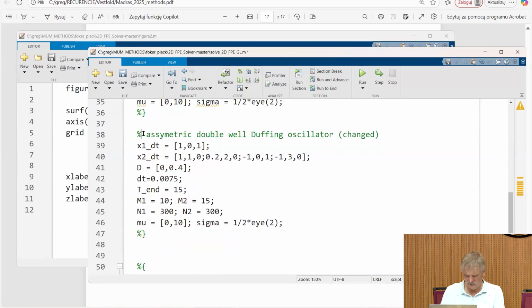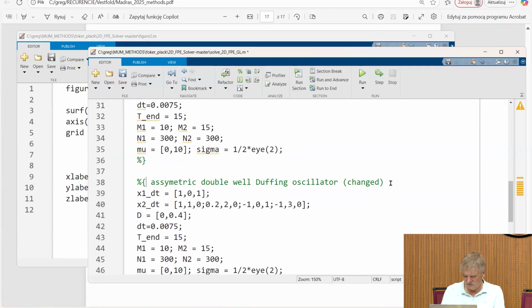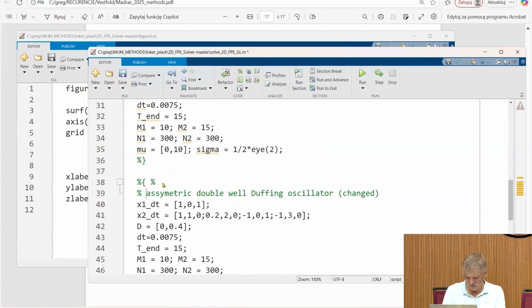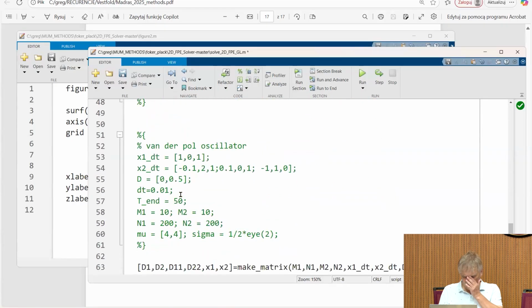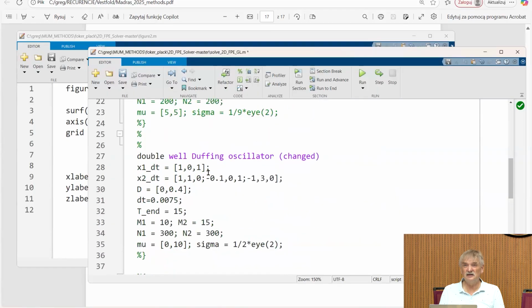So I put a comment here. I just want to make sure this is commented. It's now commented. So the green is commented. Yeah. So only this double well is working.